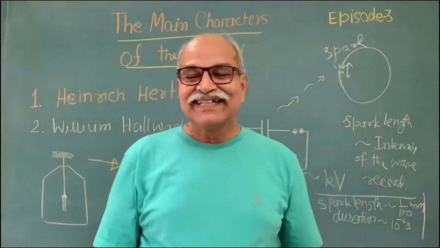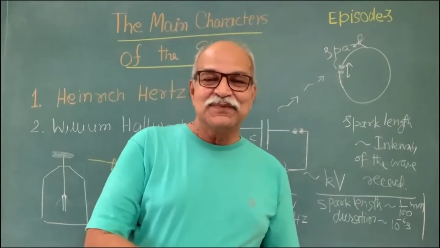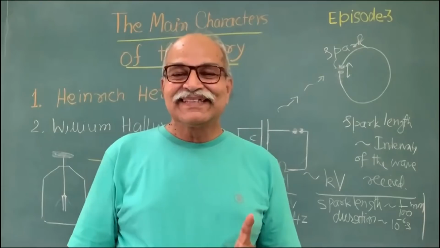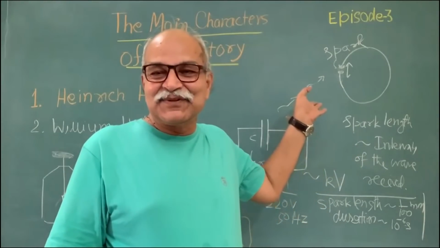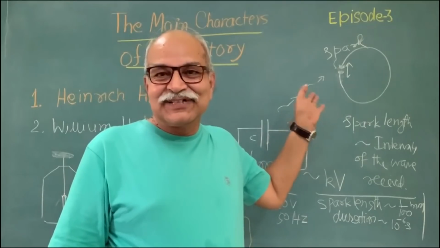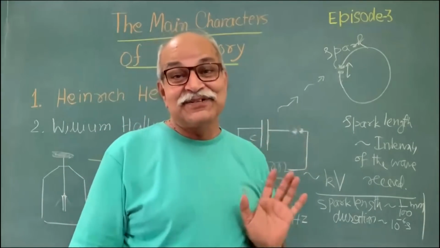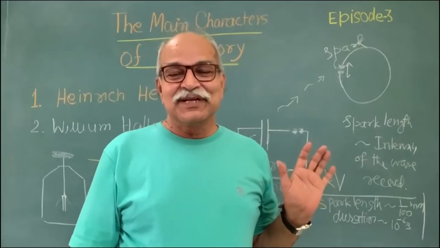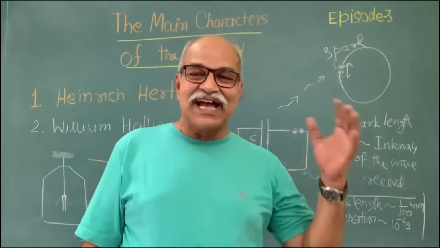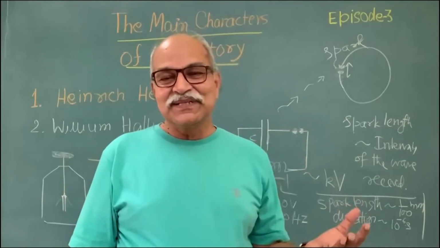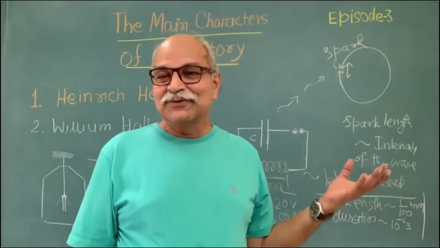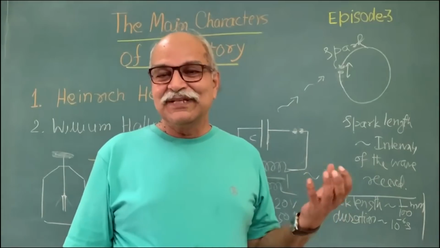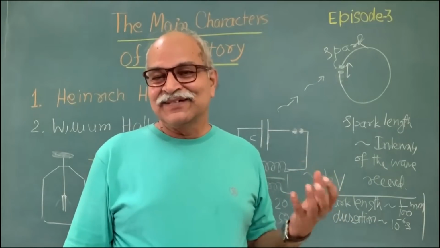If you rub two dissimilar things, then electrons get transferred from one to the other. Remember, we are talking of 1887, 1888 and so on. The electron has not formally entered our story. The electron comes only in 1897, when J.J. Thomson completes his series of experiments on cathode rays and shows that every material has electrons.